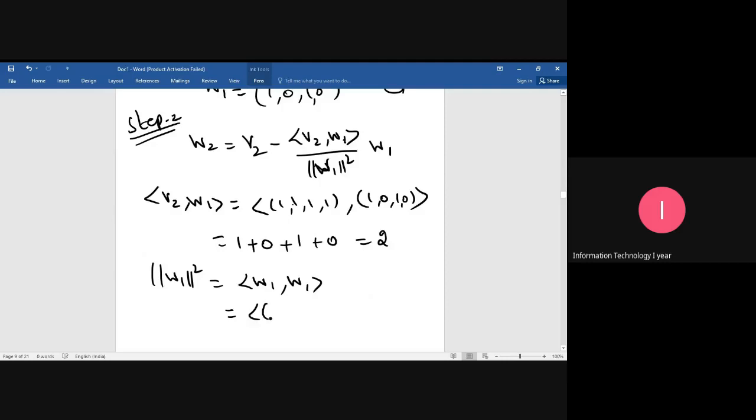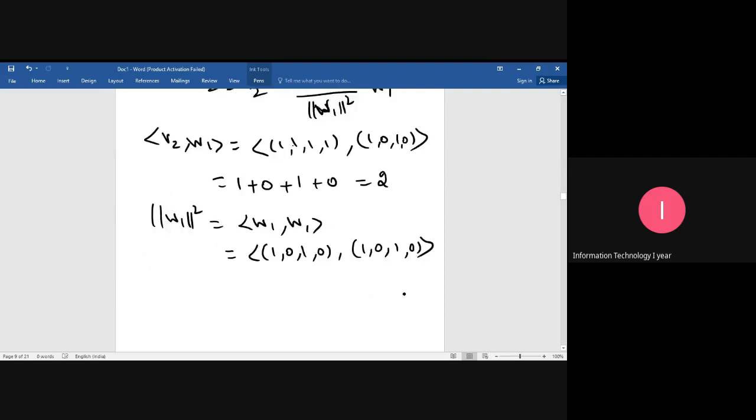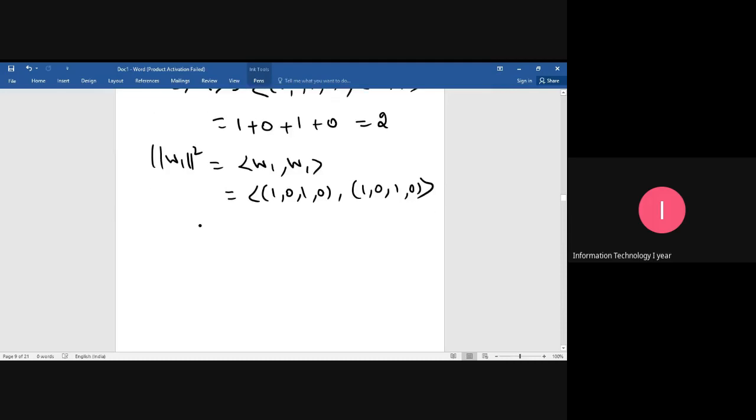Write it 1, 0, 1, 0, 1, 0, 1, 0. Find out the product now. This is equal to 1 into 1, 1, plus 0 into 0, 0, plus 1 into 1, third element multiplication is 1. Last element is 0. This will be 2.